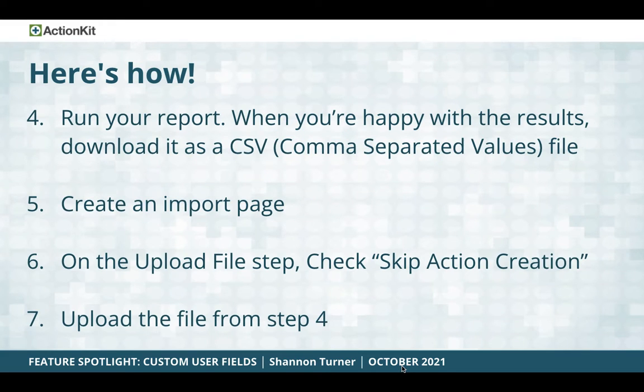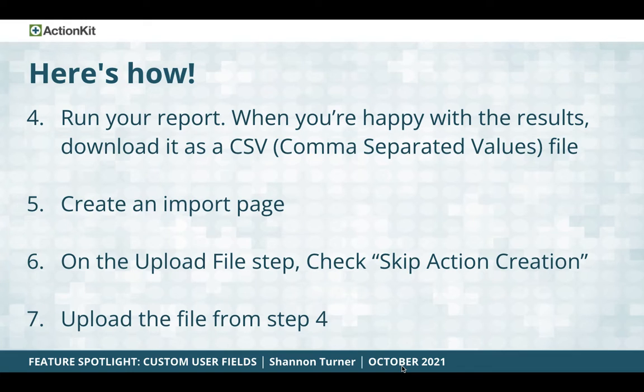Once you're happy with your report, the results look good, run it, download the results, and then create an import page and upload the file. When you are only uploading custom user fields, like we are in this example, you can check the box that says skip action creation, and then your upload is going to go lightning fast.